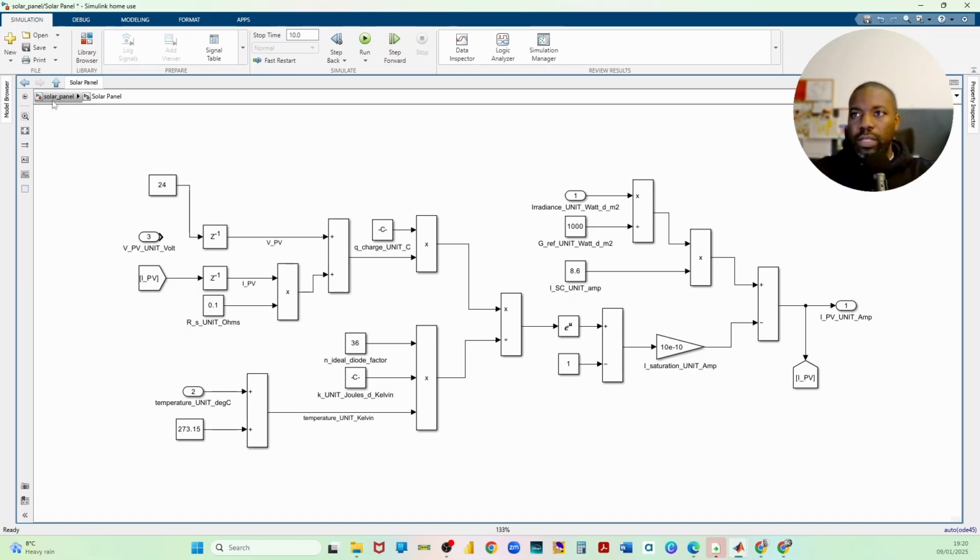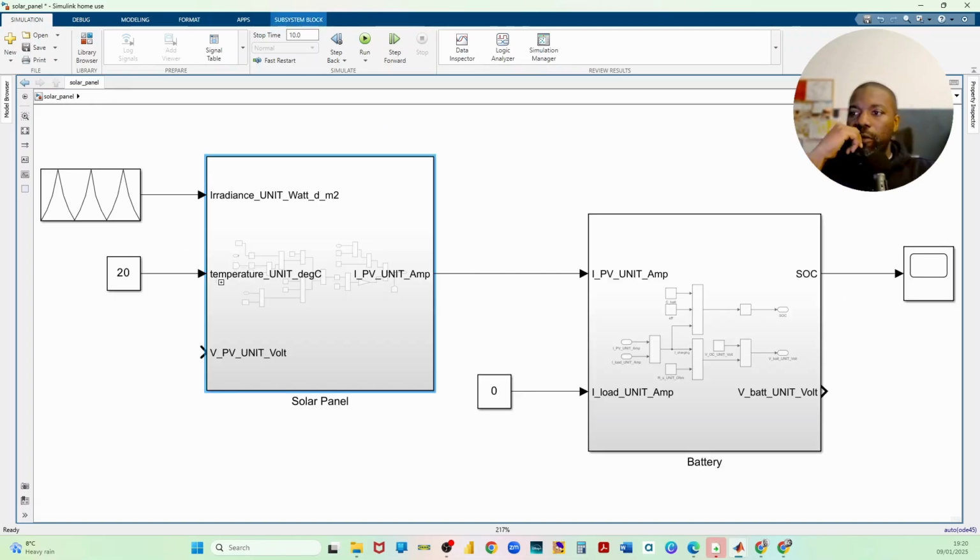Right. Now, if you were to take a step back, a solar panel can be modeled into what we call a subsystem. A subsystem in Simulink allows us to pack all the information that we need and, for the sake of simplicity, only worry about the inputs to the subsystem and the outputs of that system.